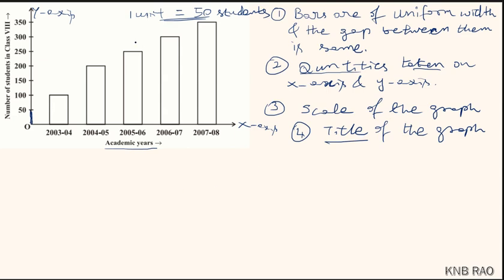We say the title will be on the top, the caption will be on the bottom. So, either title or caption, either of them must be written. Then you have to compulsorily follow the proper scaling.